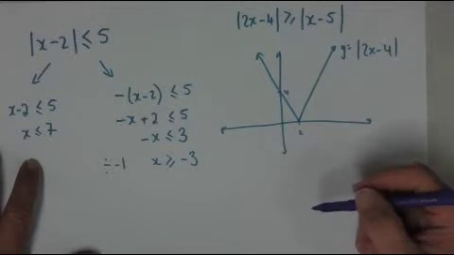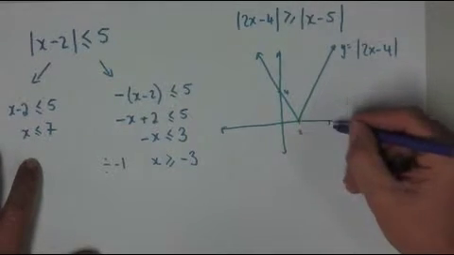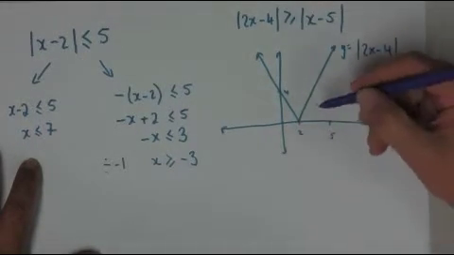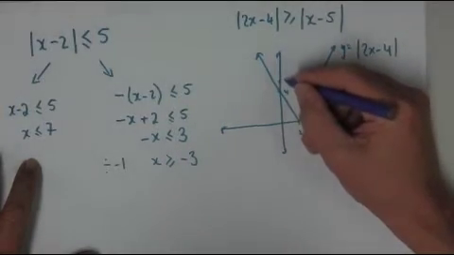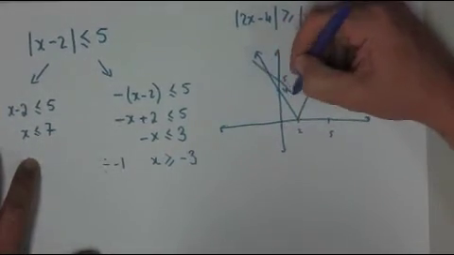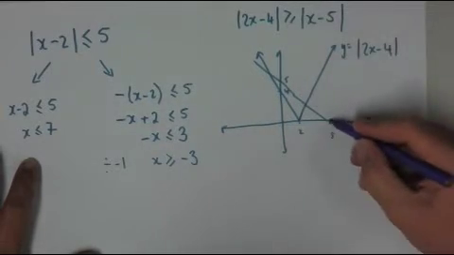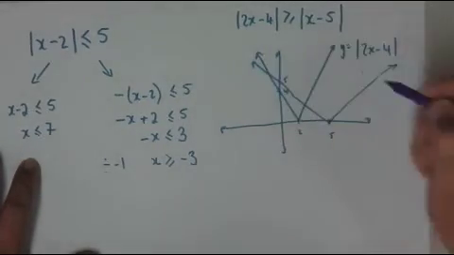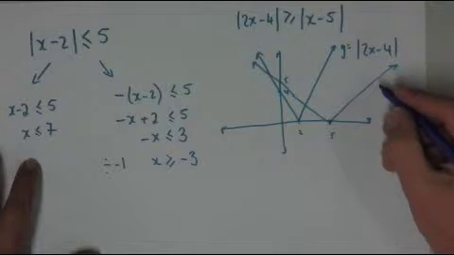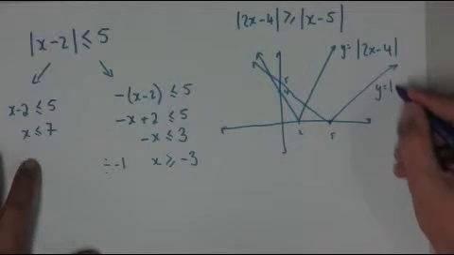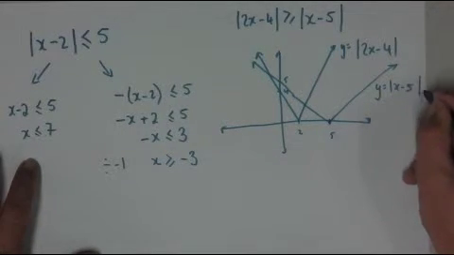And the second one crosses there at 5 like that, crosses up here at 5, so we'll draw that through. There we go. That's the second one, which is y is equal to the absolute value of x take 5.